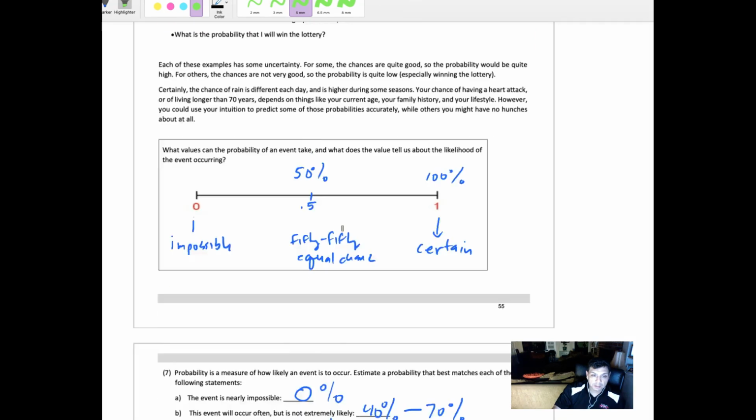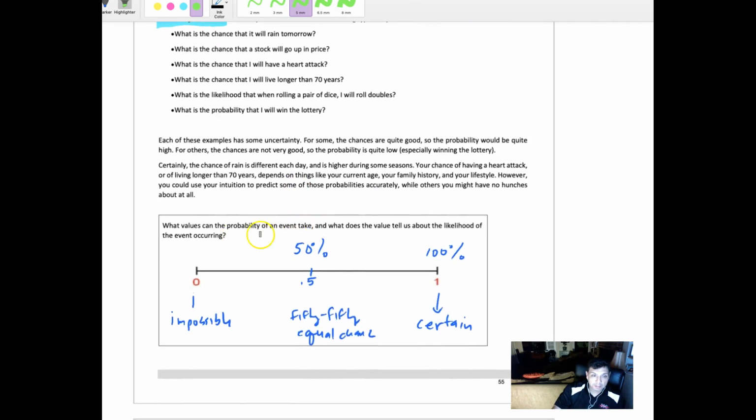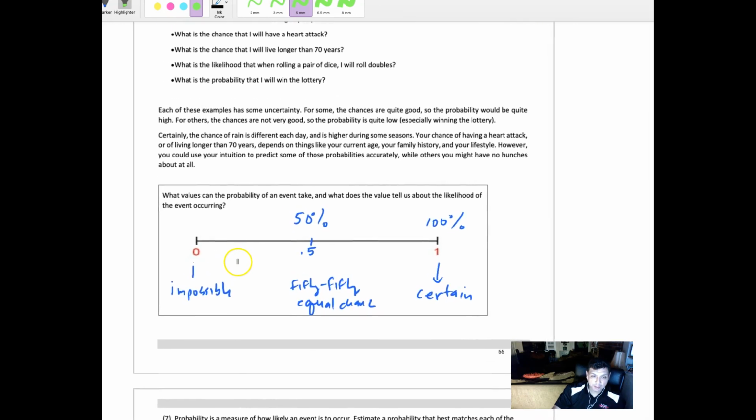One thing we want to examine is, when we think about probability, what are the values of the probability of an event? When you say what's the probability of something happening, there are multiple ways to record this.